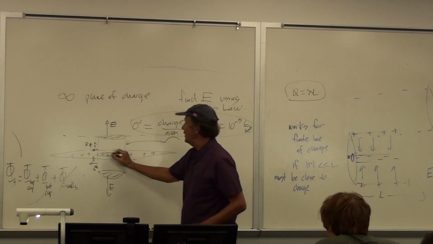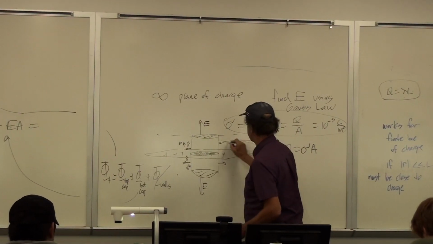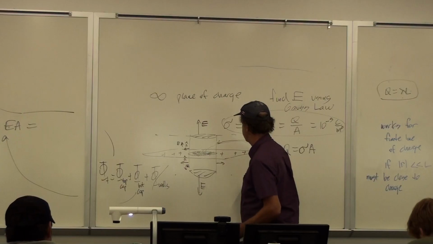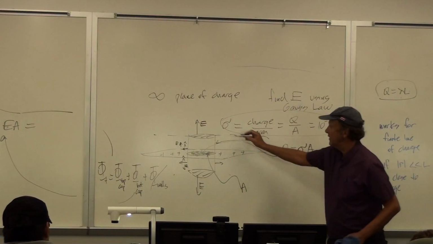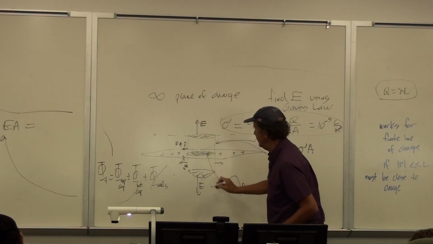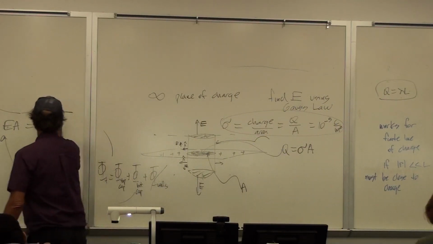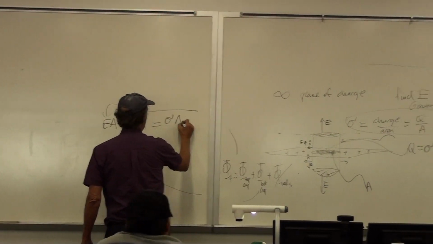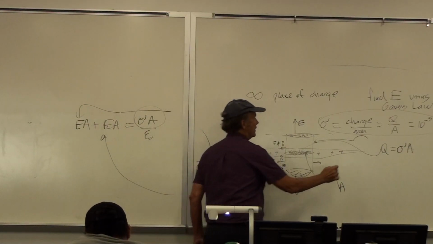So the amount of charge that I'm enclosing in here is sigma A, where A is the area of that. And that's also the area here, A, and that's also the area there, A. So I can rewrite this then as Q enclosed over epsilon naught, which is sigma A over epsilon naught. So that's my charge enclosed.